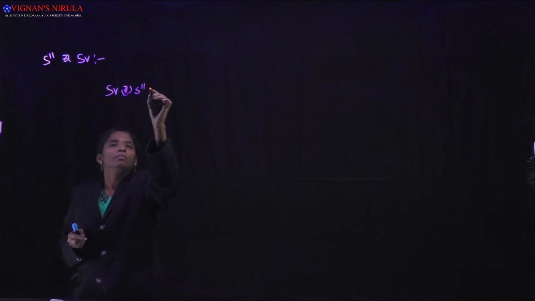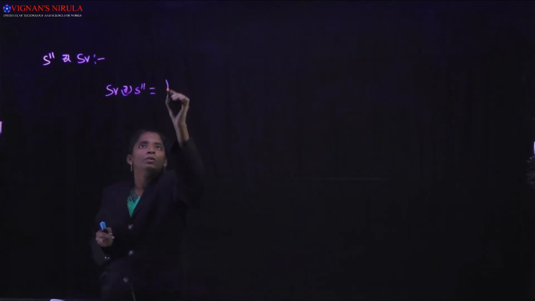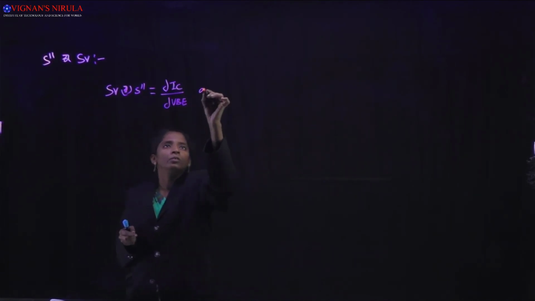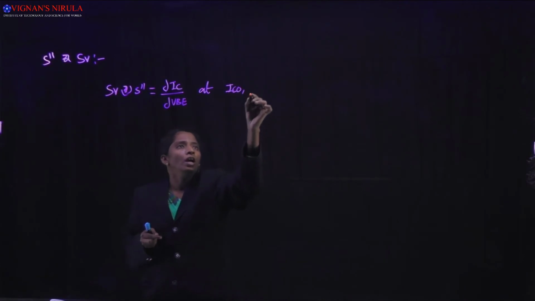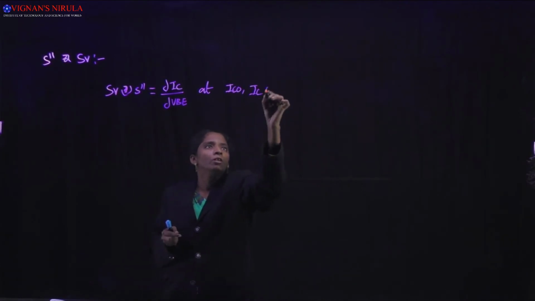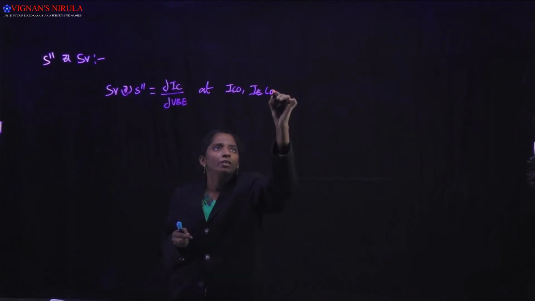S double bar equals partial IC divided by partial VBE, at ICO and IB constant.